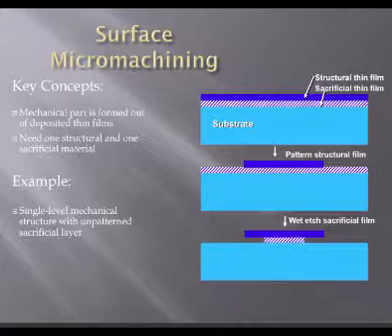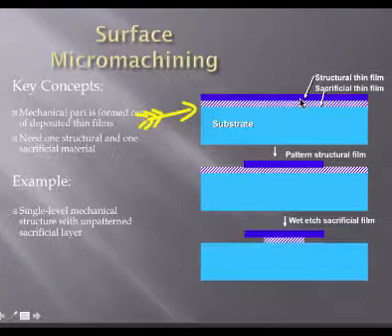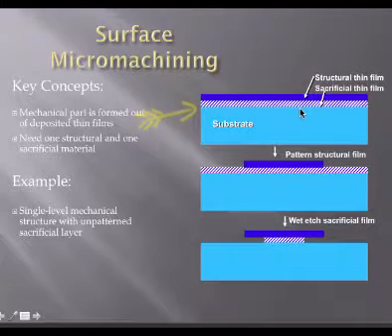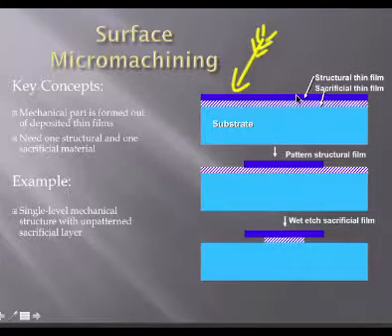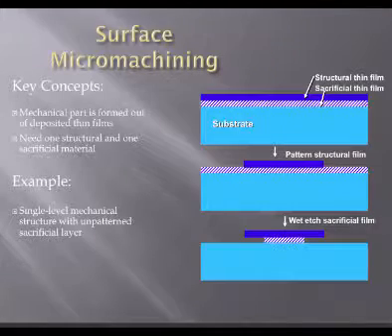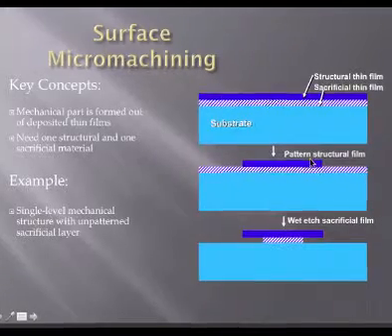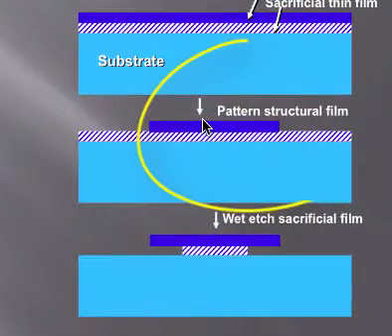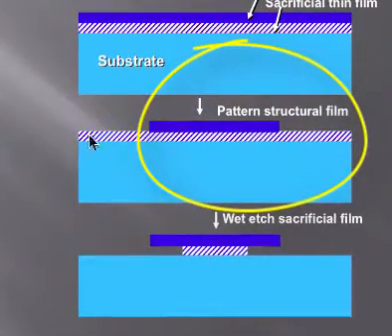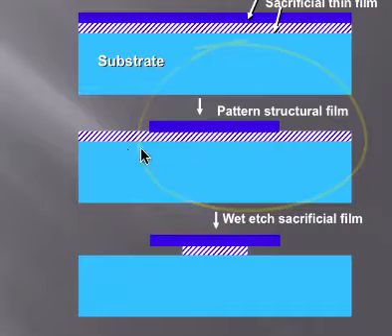So here you can see we've put down a layer of sacrificial thin film. That's the cross-hatched white-looking material here. And we have a structural thin film. That's the blue one. So that could be polycrystalline silicon or metal. Then we pattern and etch the structural layer. And then we start to wet etch the material underneath it.